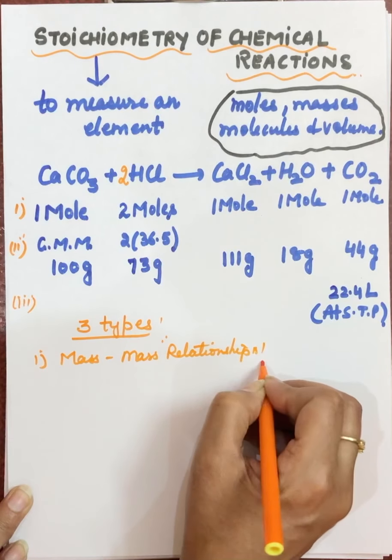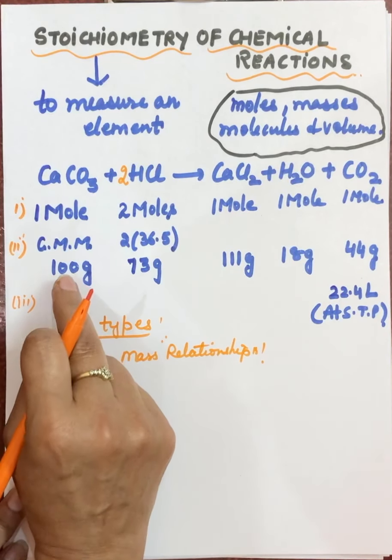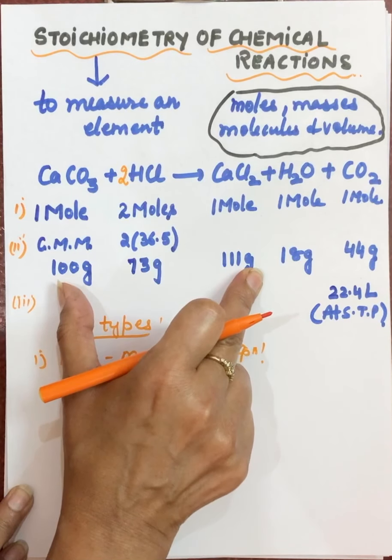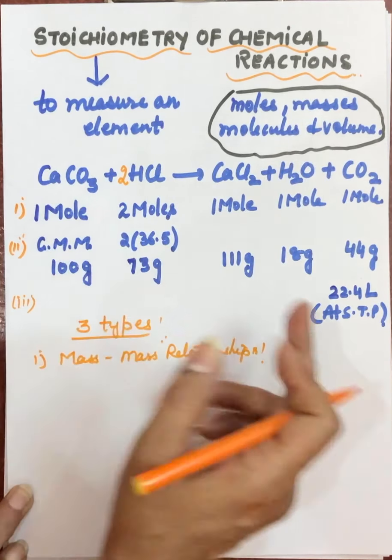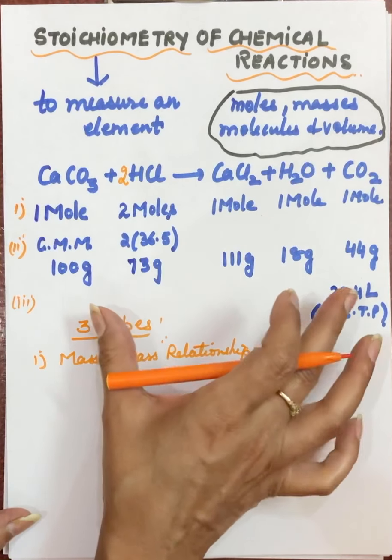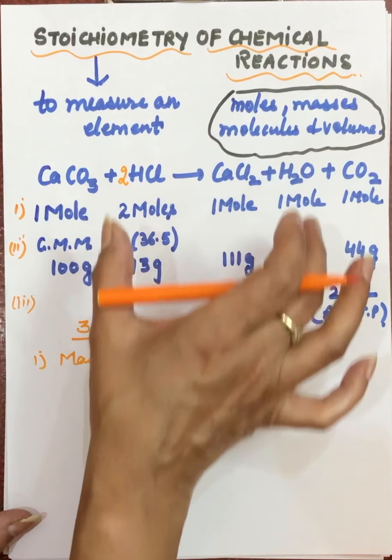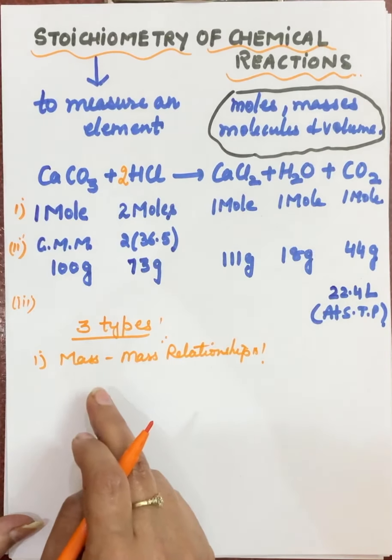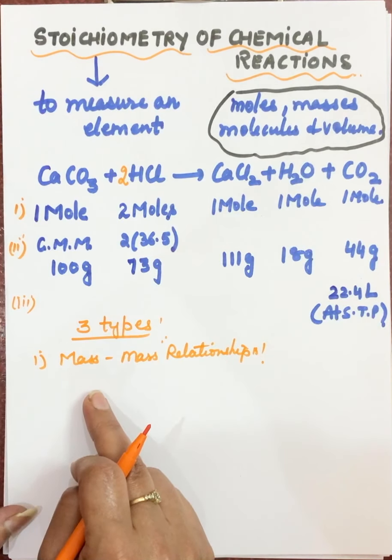Mass-mass relationship means the mass of one of the reactants or products is given and the mass of the other reactant or product can be calculated using the balanced chemical equation. Using your stoichiometric coefficients involving masses, we can relate the mass of one of the reactants or products with the other reactants and products.